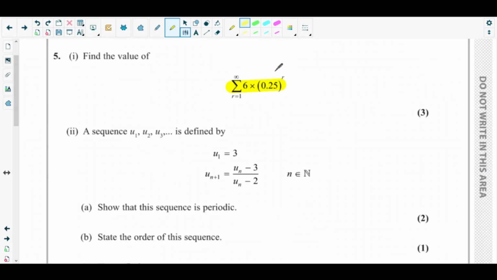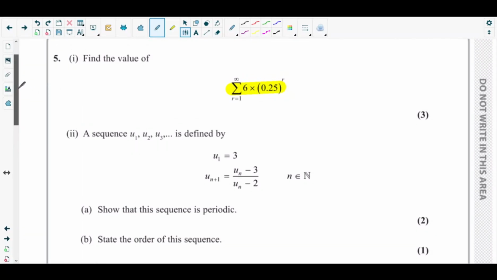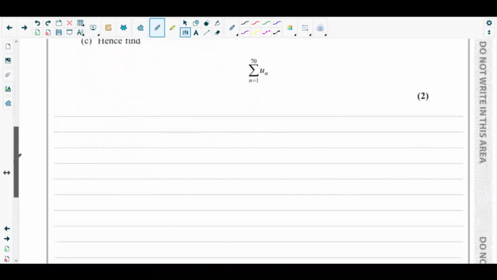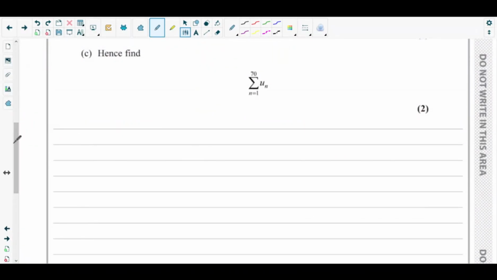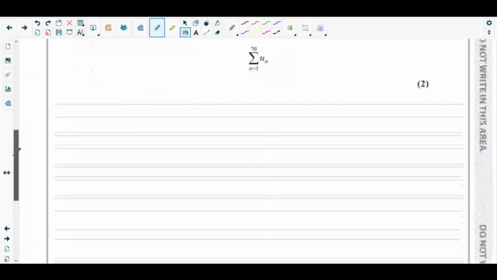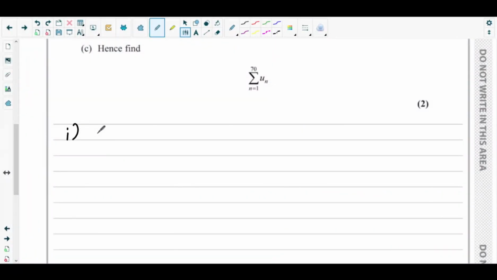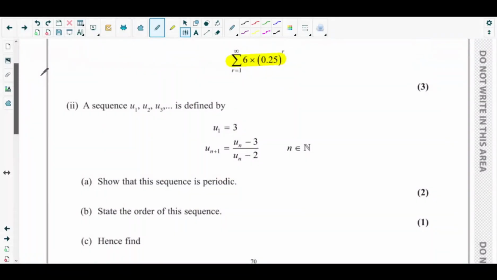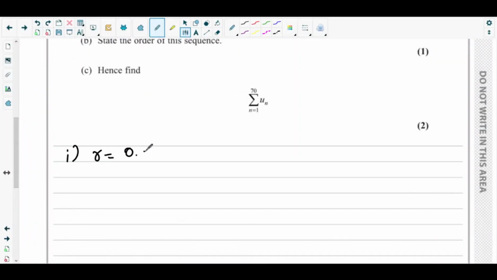From the equation you can understand that this is a geometric sequence with common ratio 0.25. So for part 1 we got the common ratio r equals 0.25.